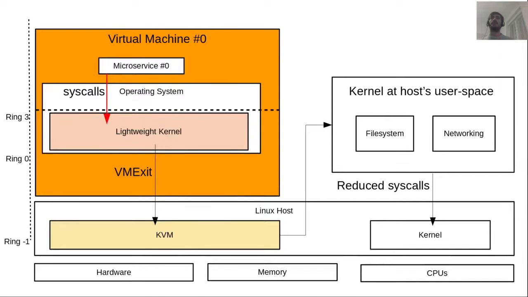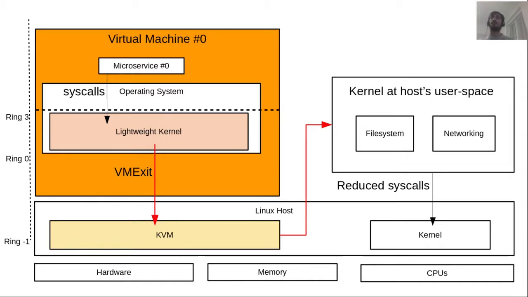In approaches like gVisor or in ToroV, the application runs as a VM on top of a simple kernel and still communicates with the guest kernel by using syscalls. However, this kernel may decide to forward some syscalls to a process that is running on the host. This is triggered by a VM exit from the guest operating system.